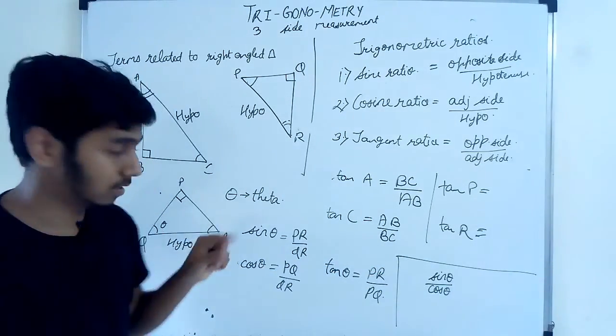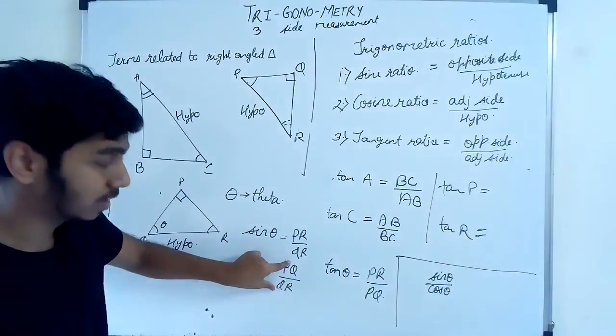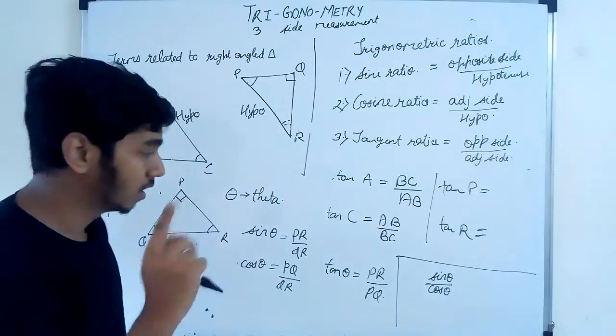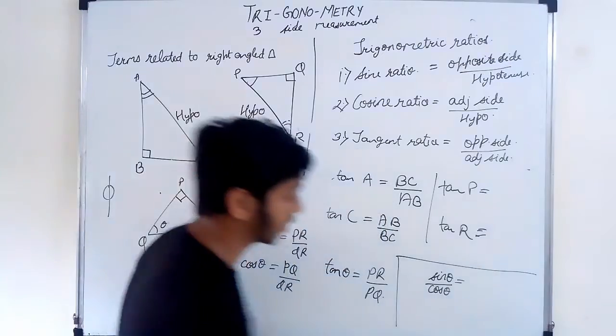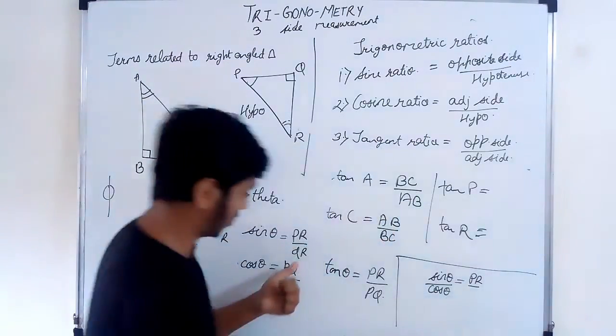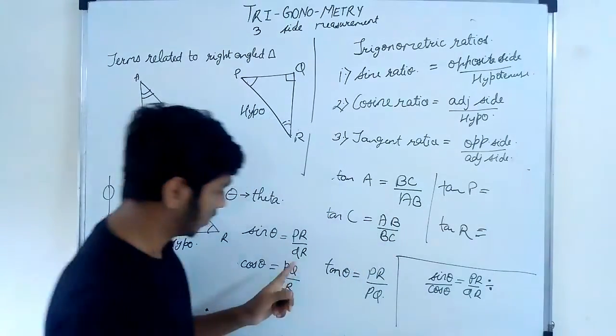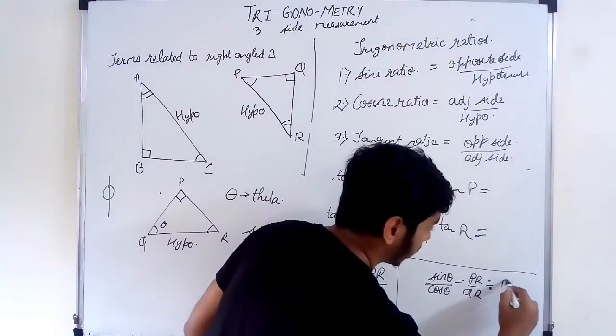So let's divide this ratio by this ratio: PR upon QR divided by PQ upon QR.